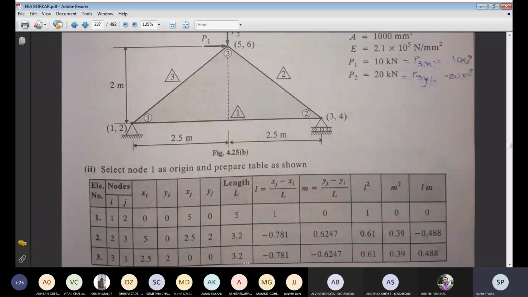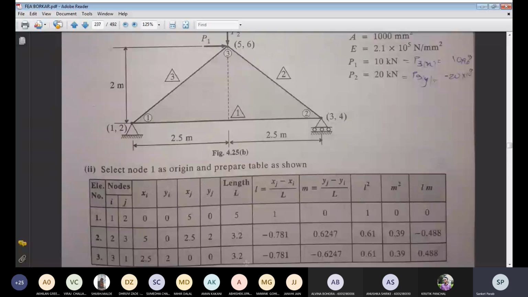Now for the first element, we have node i as node 1 and node j as node 2. Since we have considered node 1 as the origin, xi yi will be 0. For xj yj, 2.5 and 0, the length of the element is 2.5 meter. There is no displacement in the y direction, only displacement in the x direction, therefore yj is 0. The element is completely horizontal, so there is no need to use the formula in this case.